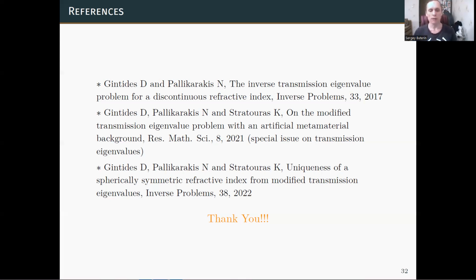But after refining the statement, after refining the input data, when one achieves solvability in one or another sense, my deep belief is that stability will always hold.